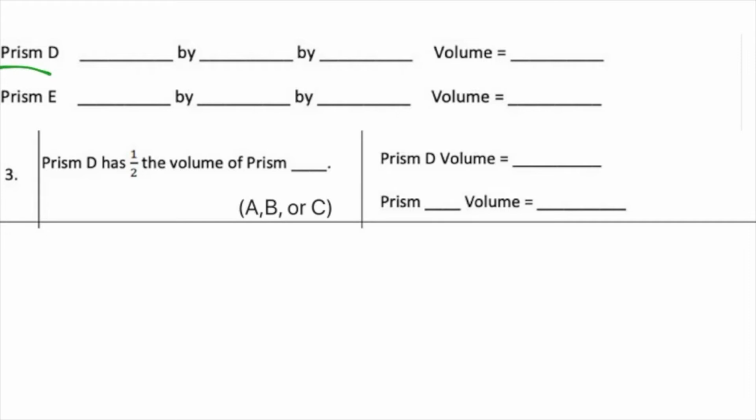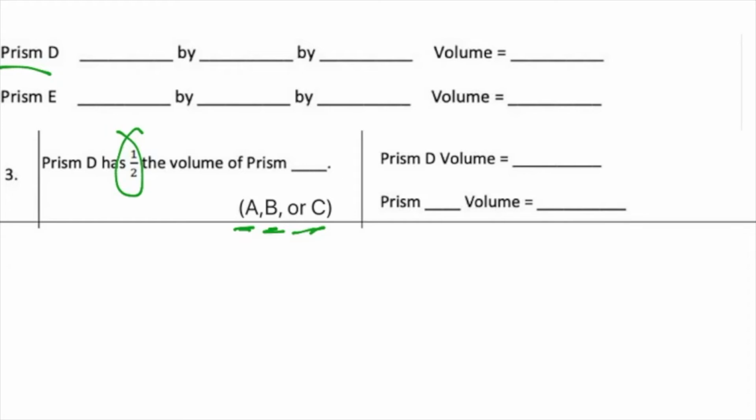Look at question number 3. It says, prism D has 1/2 the volume of prism blank. So it can either have half the volume of prism A, prism B, or prism C. Now, since you're looking for half the volume, you want to look at the volumes of the prisms A, B, and C and see which one of those volumes can easily be divided by half.